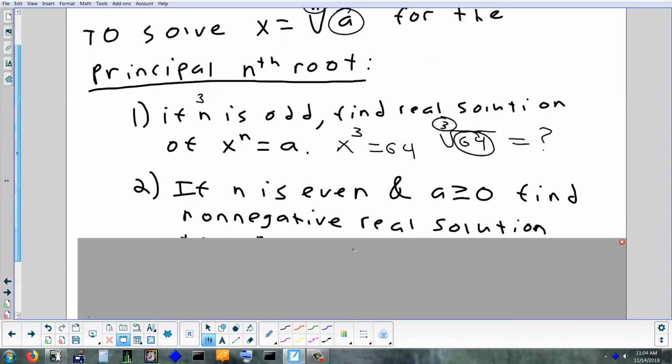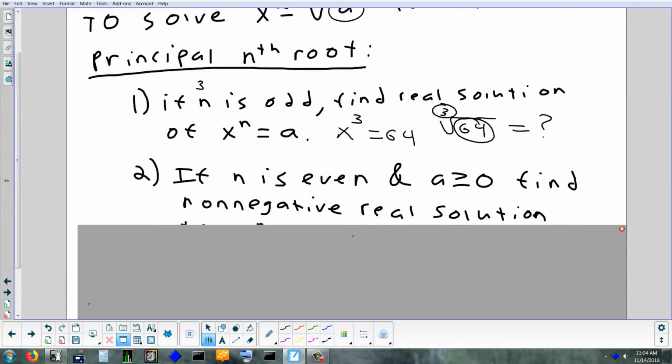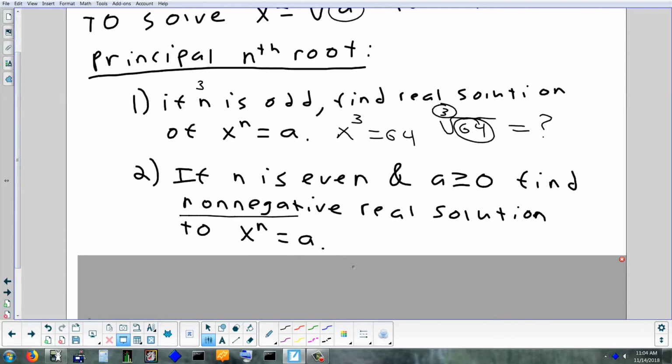Now, if it's even, we just did an example earlier with a square root. We got 2 answers. Square root of 4 was 2 and negative 2. For a principal root, I'm looking for the answer that's non-negative. I do not want a negative answer if they specifically say find the principal root. And how would you know if they want a principal root? You would see something like this. That question implies principal root.